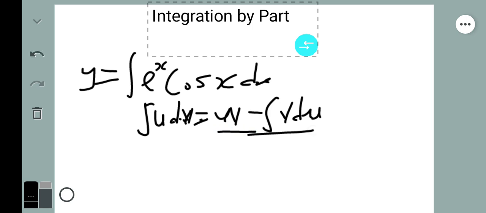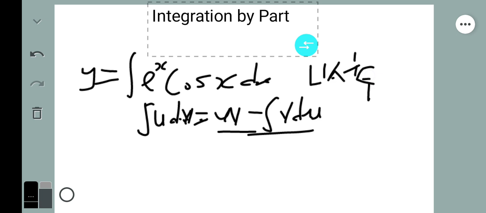I introduced yesterday our LIATE rule, which we use to fish out which one is going to be our u and which is our dv. We have cos x, which is trigonometry, and exponential x, which is exponential.